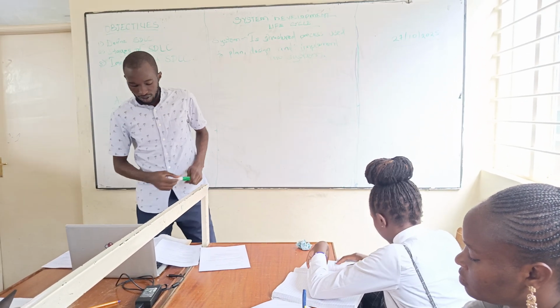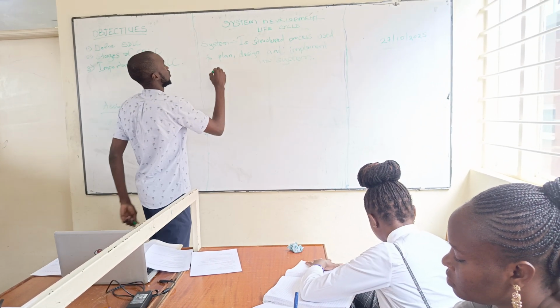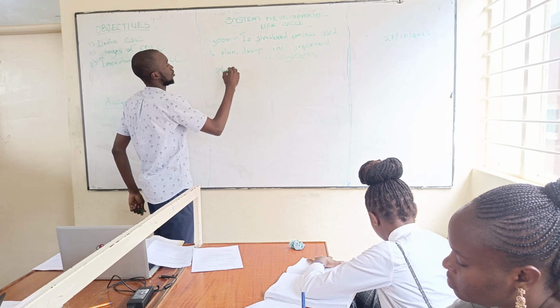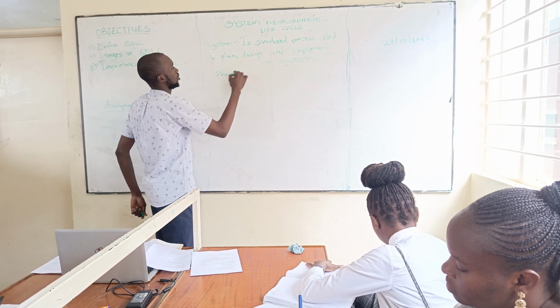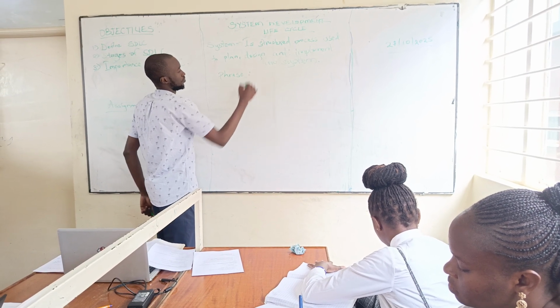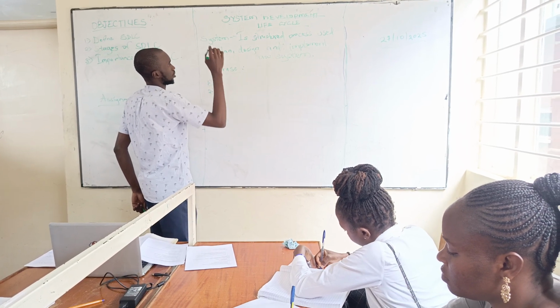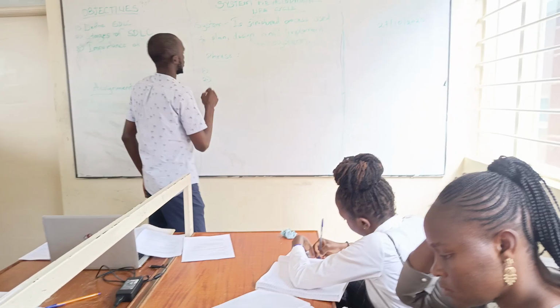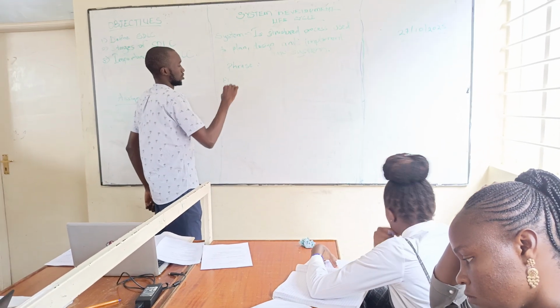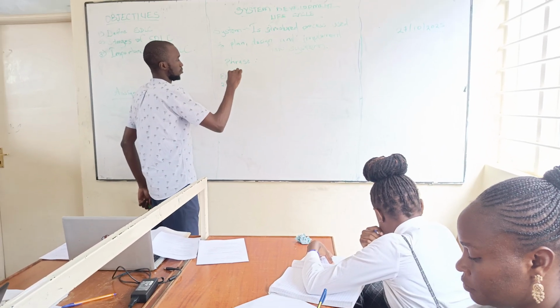Going forward, the phases of a system development life cycle: we have 5 main stages. The initial stage is the planning stage.